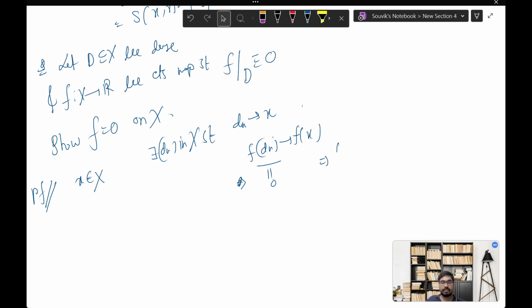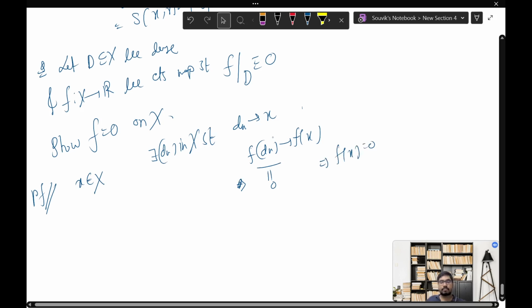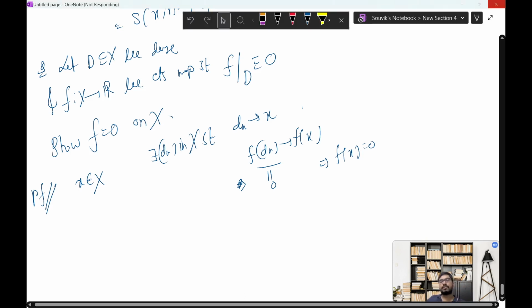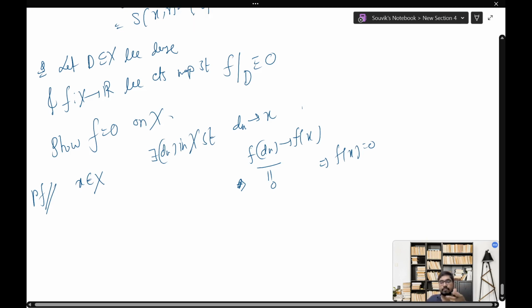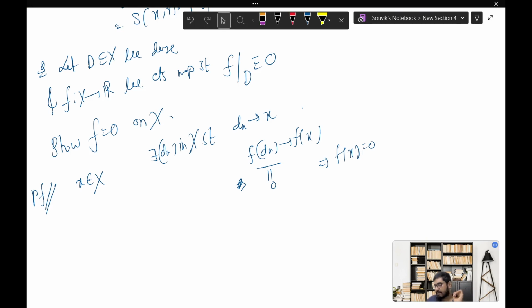This implies f(x) is equal to 0. So basically here we have used the density to get a convergent sequence which converges to any chosen point. That's why this function f is 0 on X. So this is a very interesting use of density.